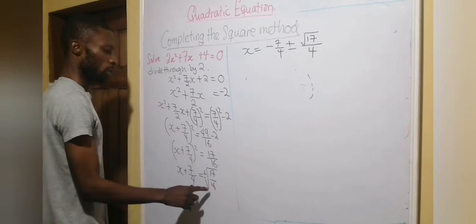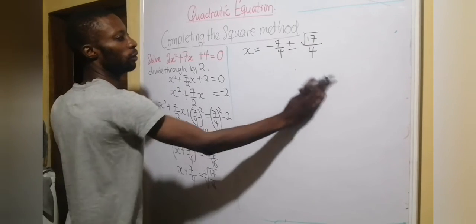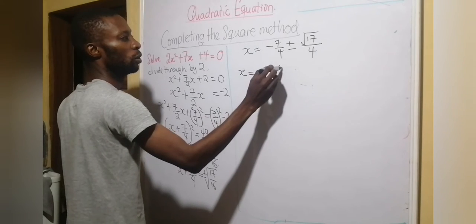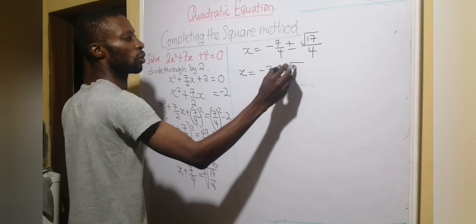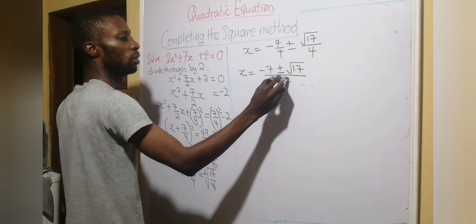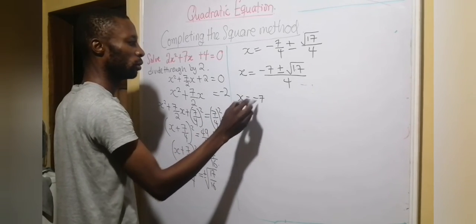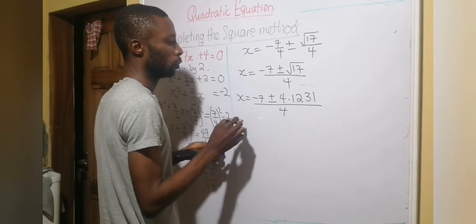The square root of 16 is 4. So we have x is equal to minus 7 plus or minus square root of 17 over 4.